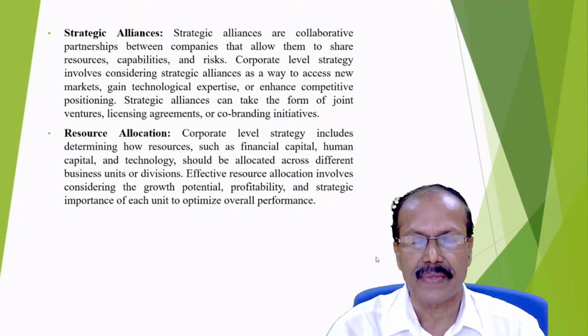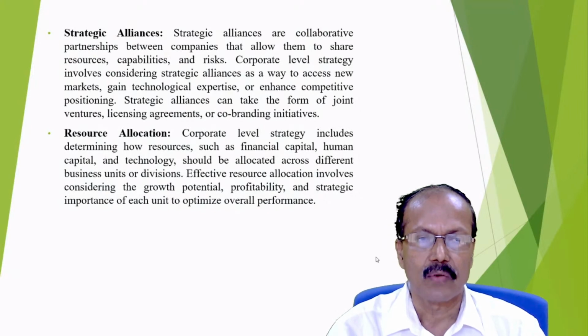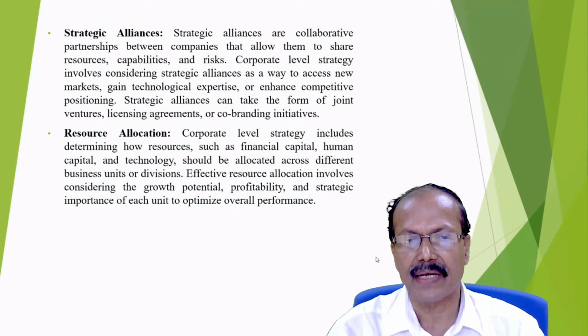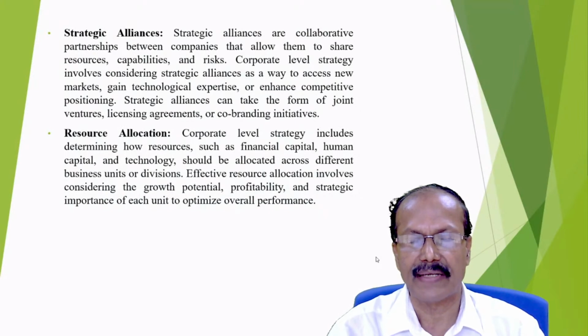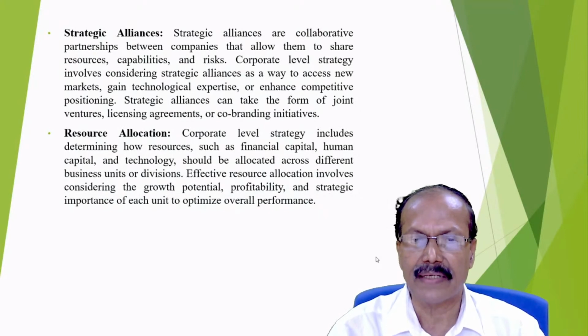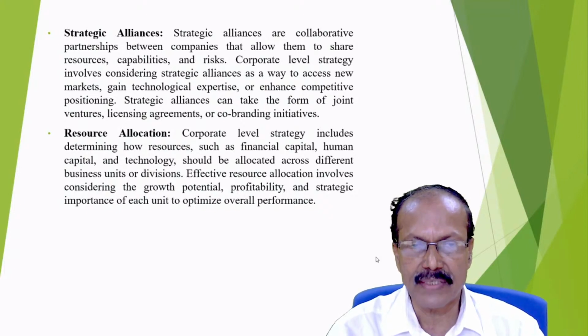jointly with other organizations. With respect to the resource allocation, the corporate level strategy includes deciding how the resources, such as the financial capital, the manpower or the human resource, the technological resource, the material resource, should be allocated across the different strategic business units or the divisions of the organization.